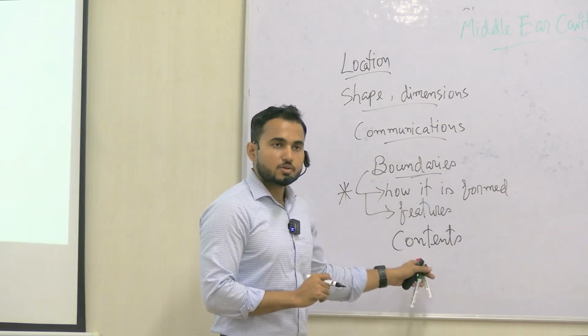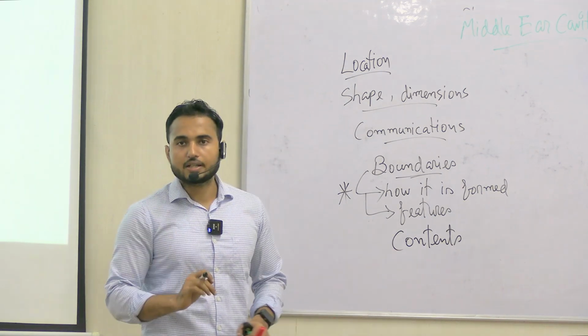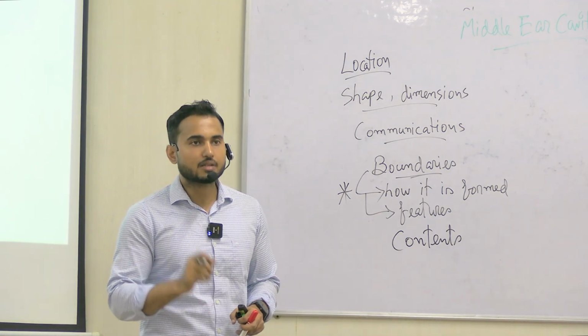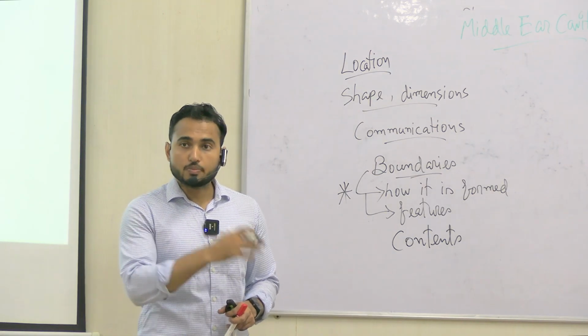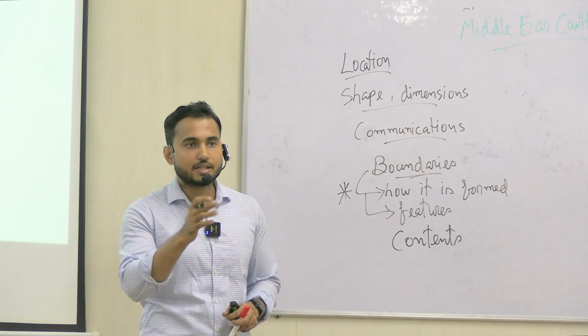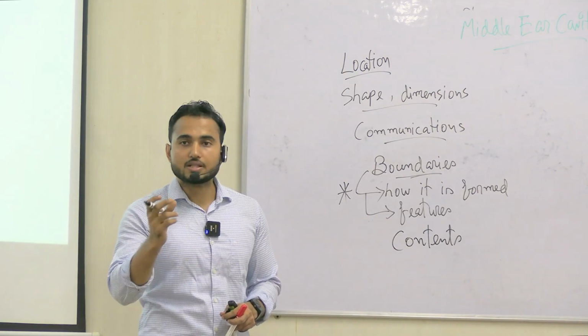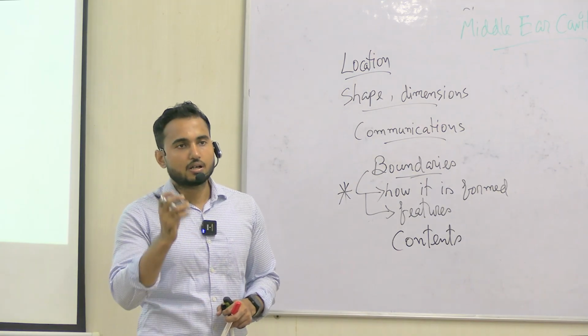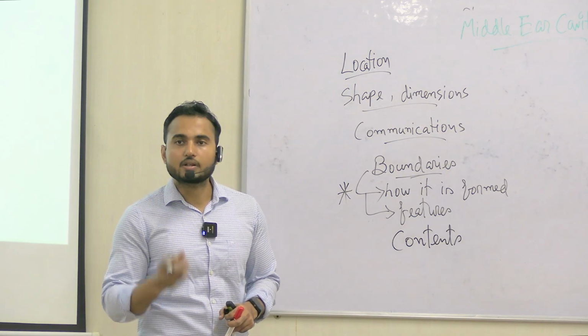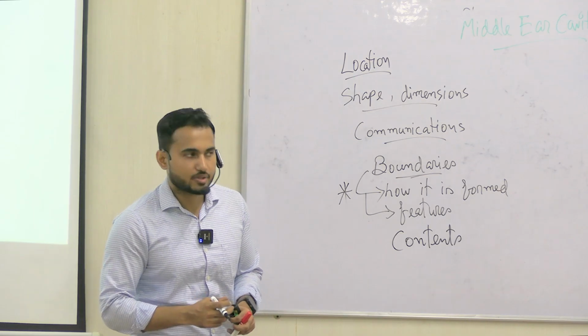So like this, we have to study the contents. Bones are there, blood vessels are there, nerves are there, then it is covered by mucous membrane. Skeletal muscles are attached to the bones. Along with that, some ligaments are present. So different components, or you can say contents, are there inside the middle ear cavity.